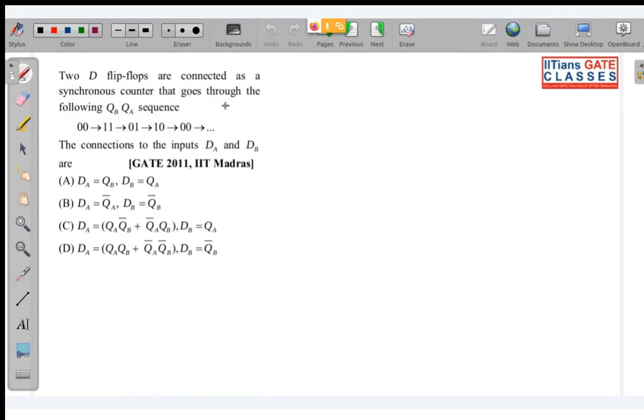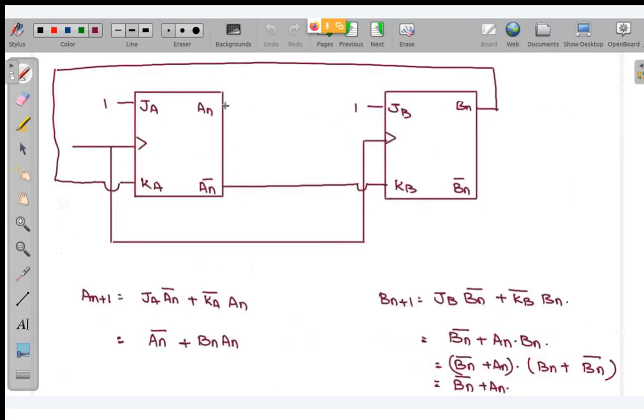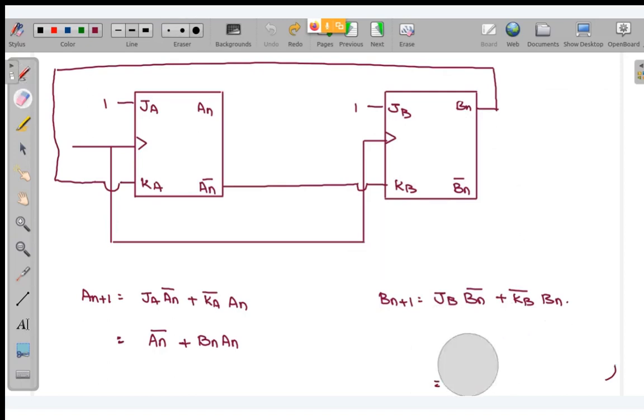Sir, the equation will change. Equation, how will it change? Here I had just put a bar. So why will this change? This was actually a mistake. We have one complemented, one non-complemented output. So why will the next state equation change?